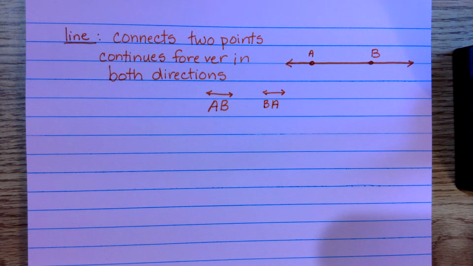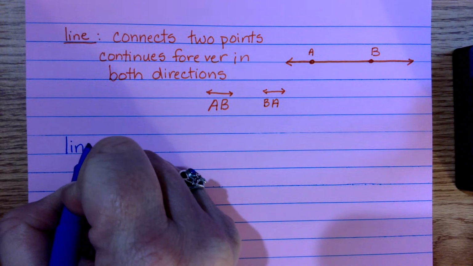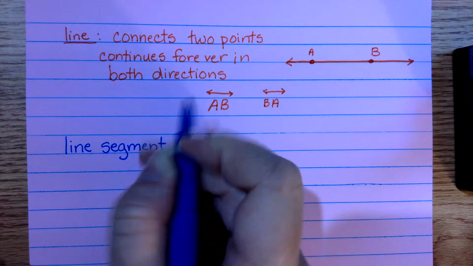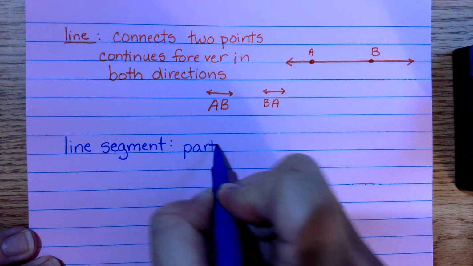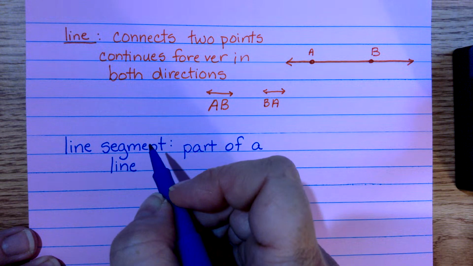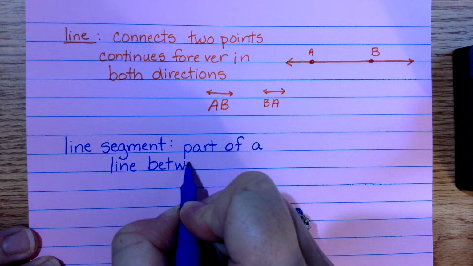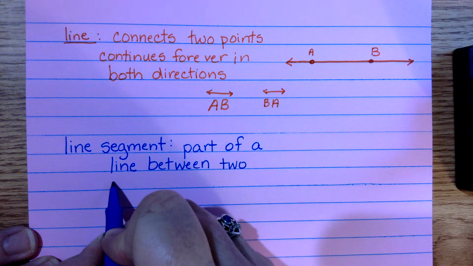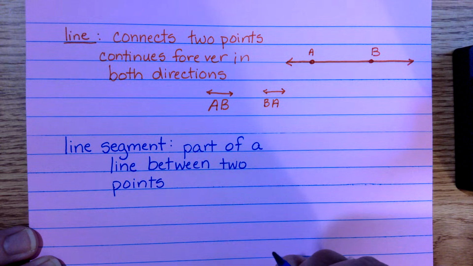Next we have a line segment. A line segment. So we see the word line in there, and we know that segment means part of, so it literally means part of a line. And it has both a starting point and an ending point.